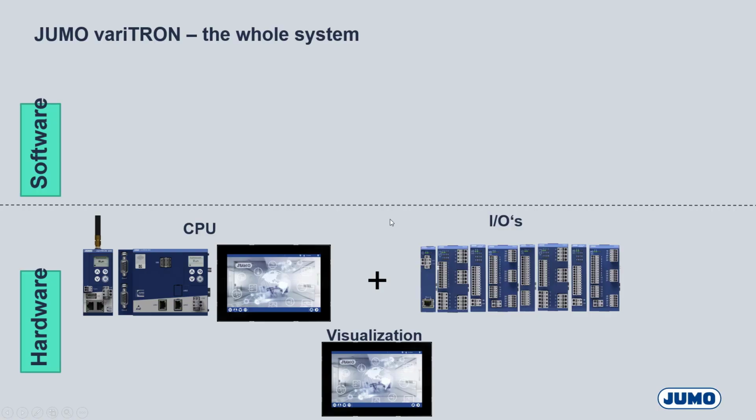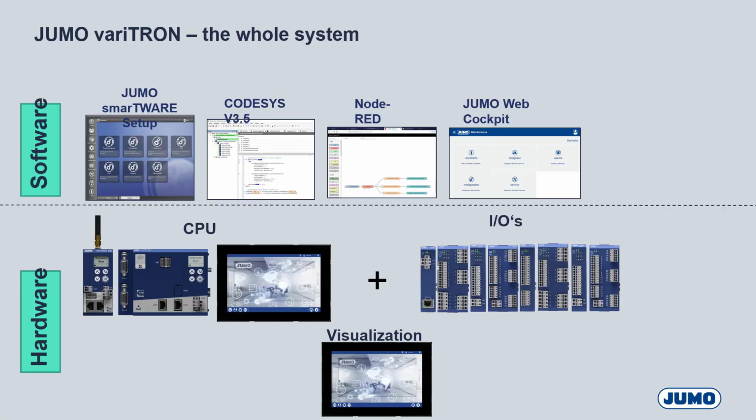In the software area, we have different apps, so to say. We have our JUMO Smartware Setup, for the offline configuration of the CPUs of the PLCs. We have CODESYS version 3.5 as a development environment, which is integrated into the Smartware Setup.